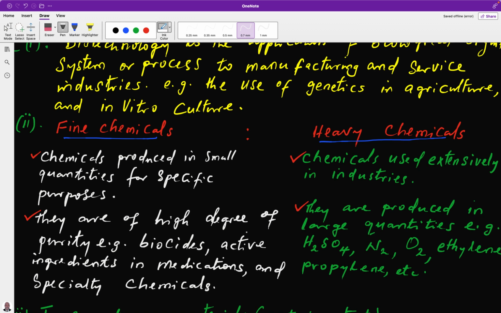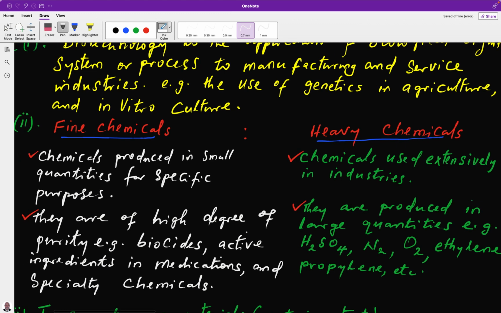Again, heavy chemicals are produced in large quantities. For instance, sulfuric acid, used in industries and in science laboratories, nitrogen, oxygen, ethylene, propylene. These are heavy chemicals that are produced in large quantities.